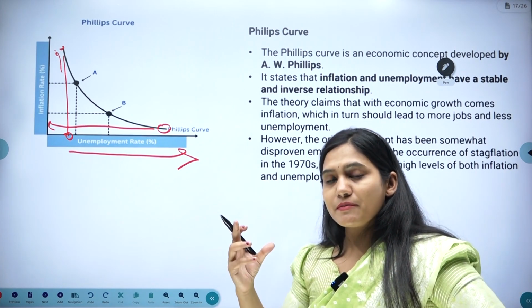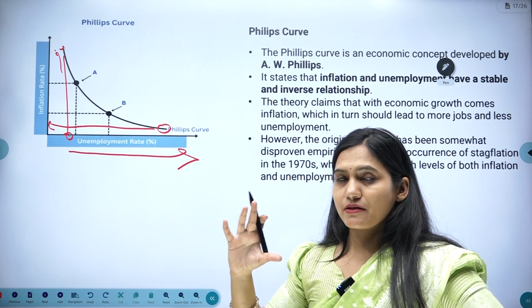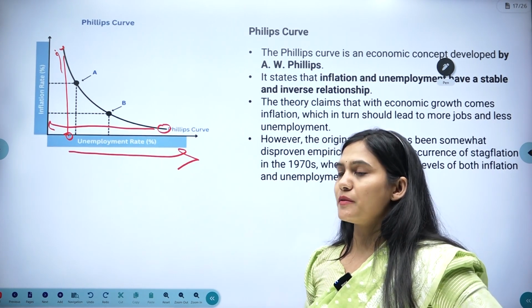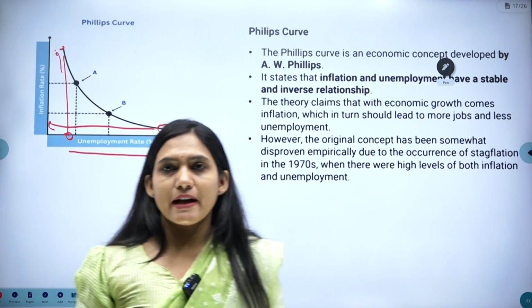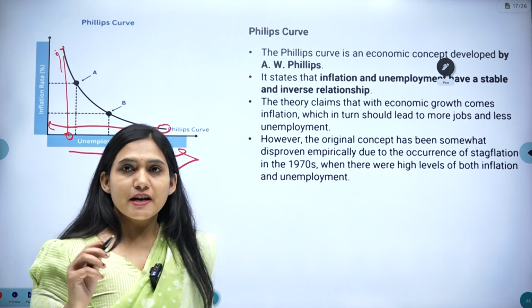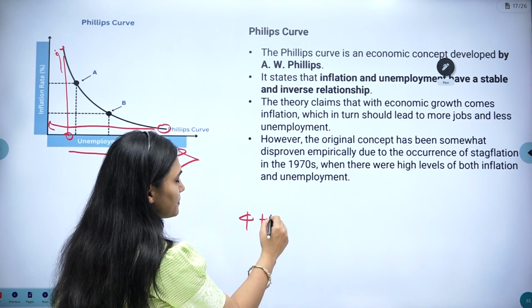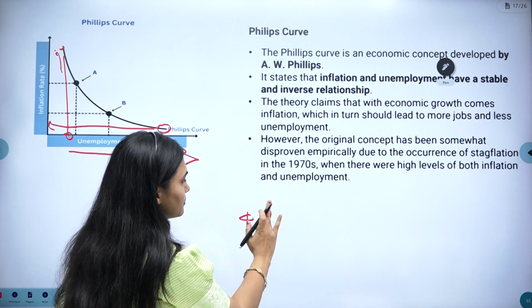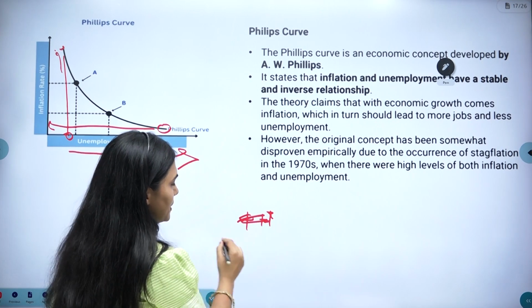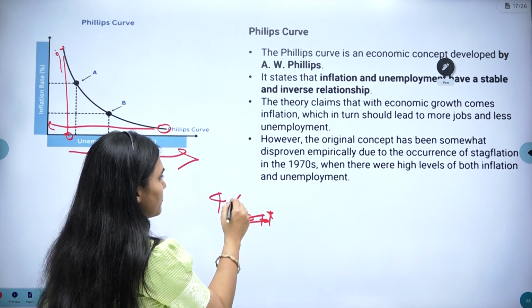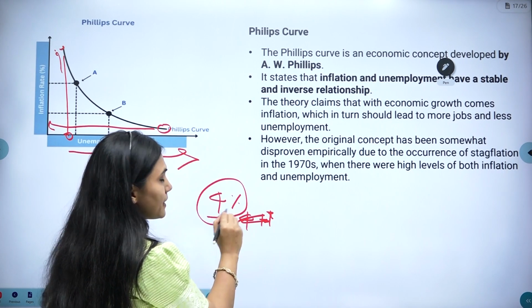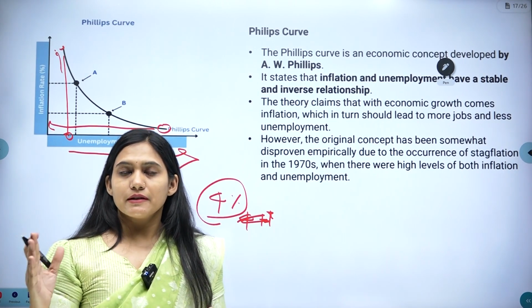Inflation should always be in a certain range so that it is healthy for the economy. For example, the Indian government has a criterion that India should maintain its inflation at 4% plus or minus 2%. Okay, it means 2 to 6.